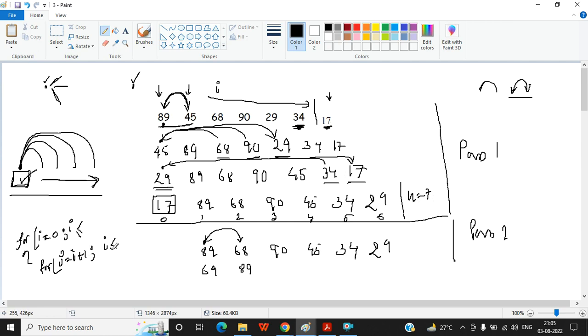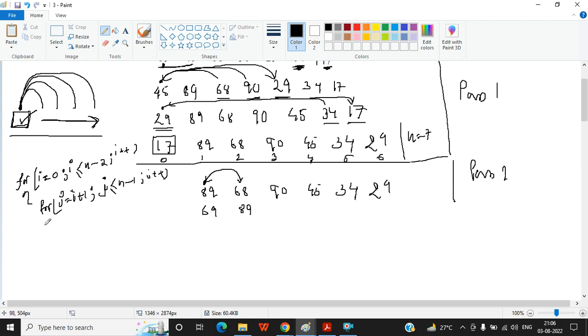Sorry, j will be less than n, or j less than or equal to n minus 2, you can say. Both will increment by 1, i plus plus and j plus plus. So this is the simplest formula.